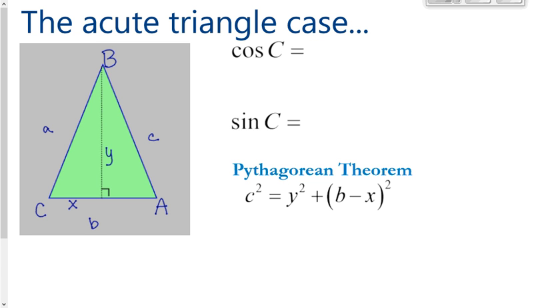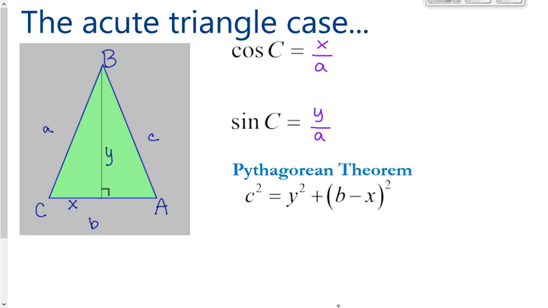Okay. Now, using the right triangle on the left, we know that the cosine of angle C is adjacent over hypotenuse, and that would be X over A. And using the same triangle, the sine of angle C would be y over a, opposite over hypotenuse.